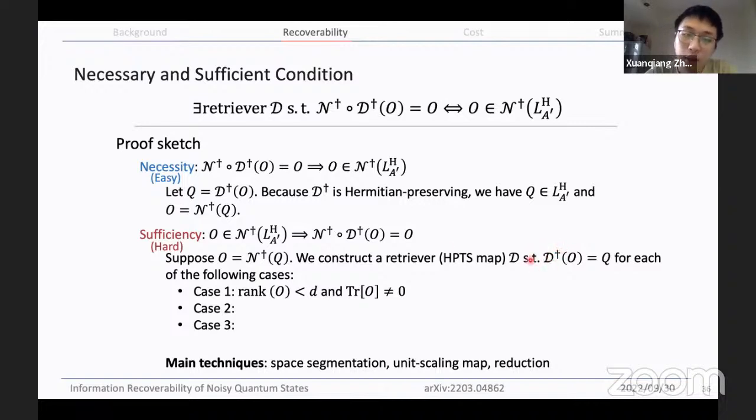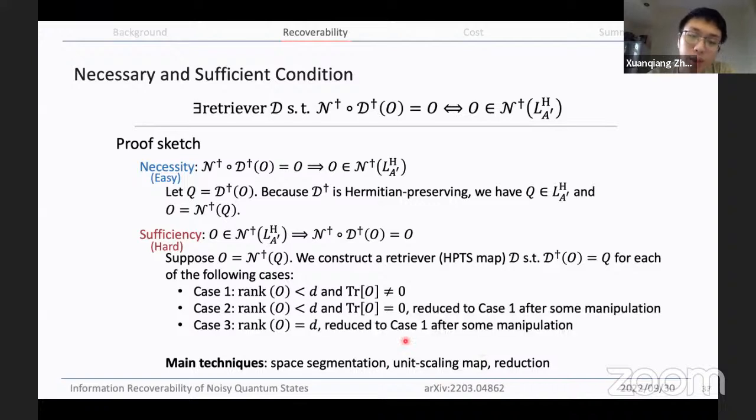To ensure that D dagger is trace scaling, we split the observable O into three cases. In case one, we have the not fully ranked and not traceless observables, and we use techniques like space segmentation and unit scaling to ensure that the map D is trace scaling.